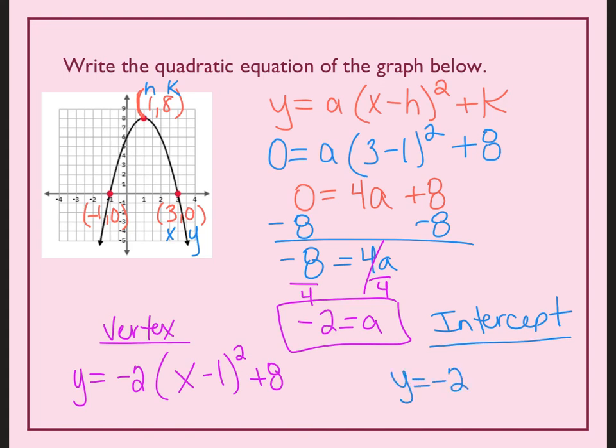Remember, they have the same a value. x minus negative 1 becomes x plus 1. Oops, and actually this is a plus 1 too. And x minus 3. So if I were to graph both of these, they are the exact same graph. This is the graph. They're just written in 2 different forms.